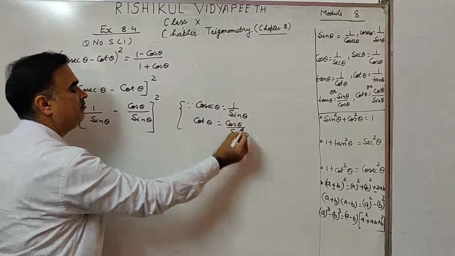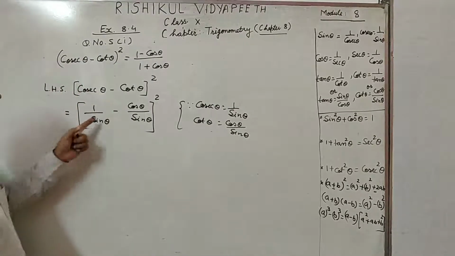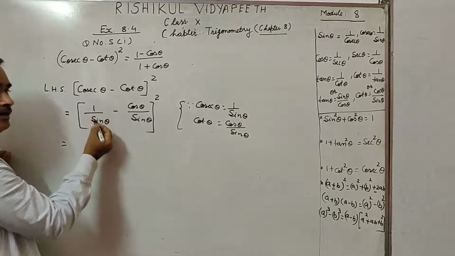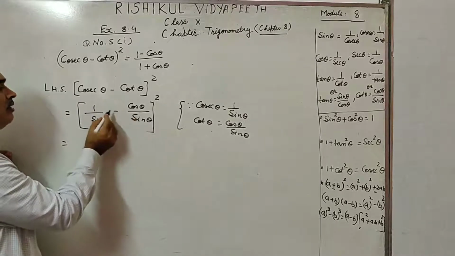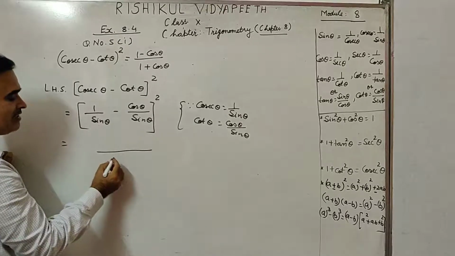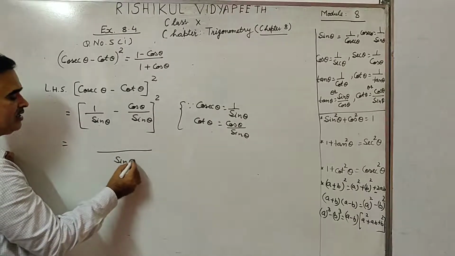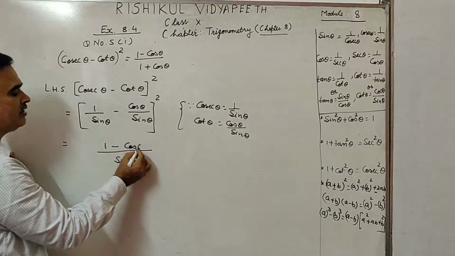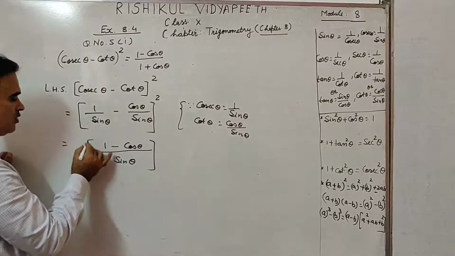So in place of this we have done it. Now you know, upon things are there, numerator and denominator, and in between a minus sign is there. So we take LCM. It is sin theta. Here it is 1 minus cos theta whole square.